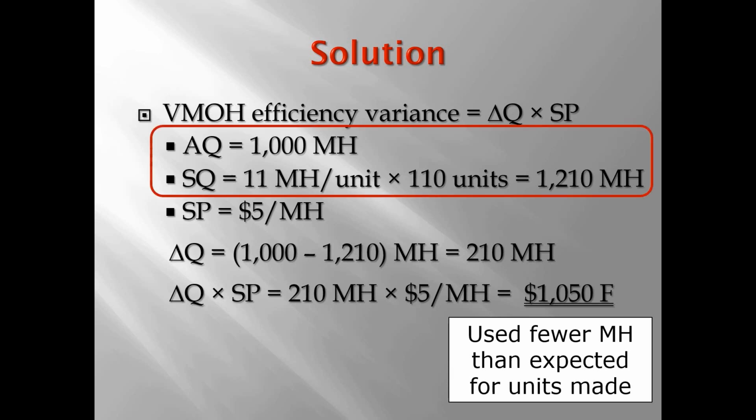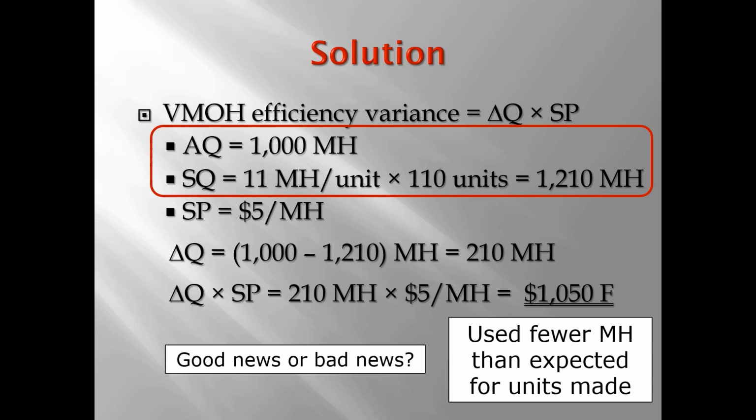And we can see that when we look at the given information. But is this good news or bad news? Well, it depends. If workers found a more efficient way to manufacture these units, then we're delighted that they can do that using fewer machine hours.